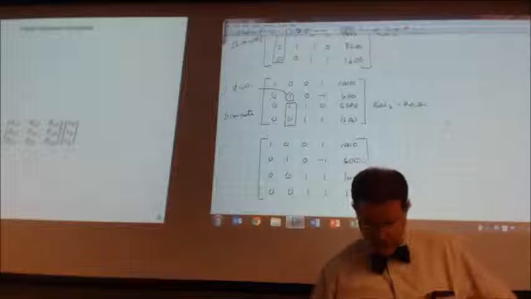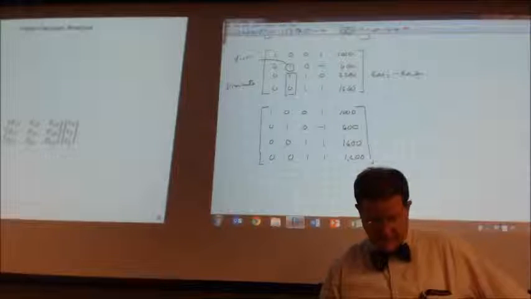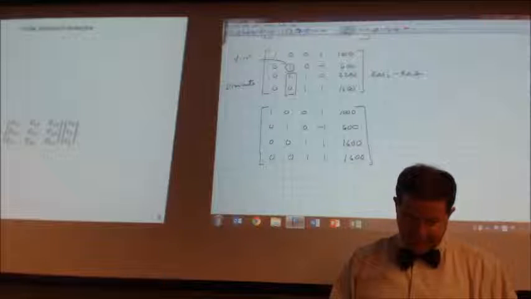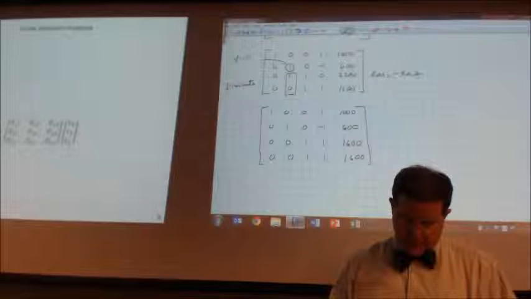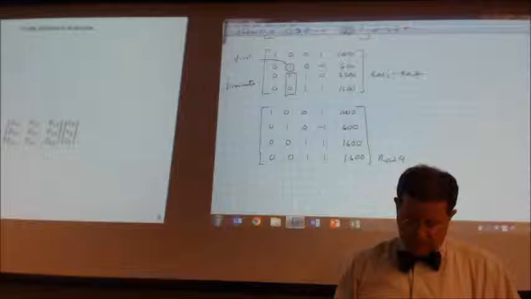Okay, so we've got what? One more to go, right? Because we got to do row 4 minus row 3.